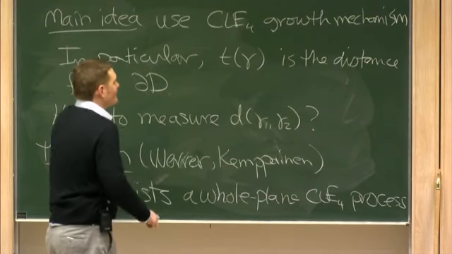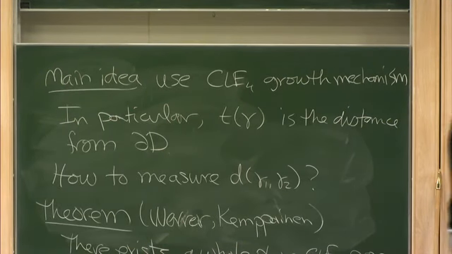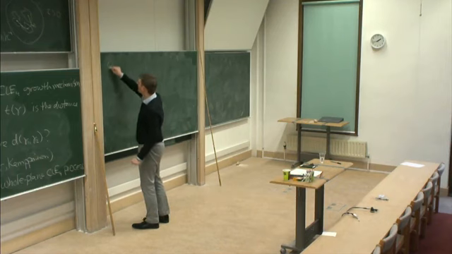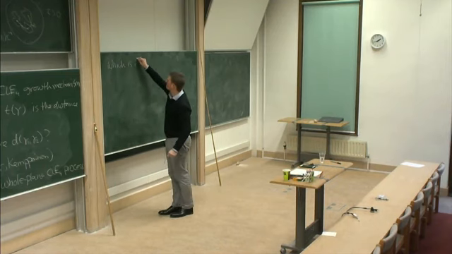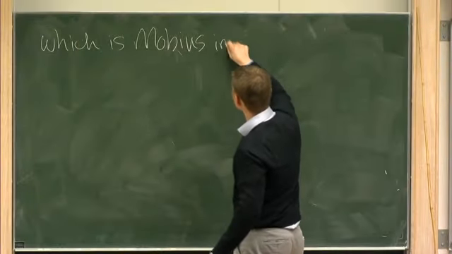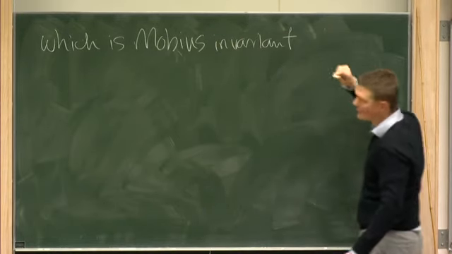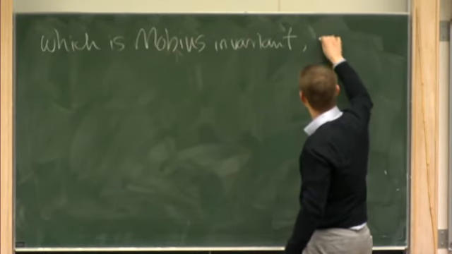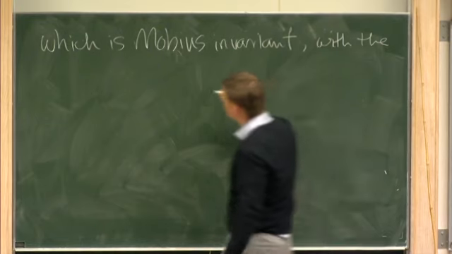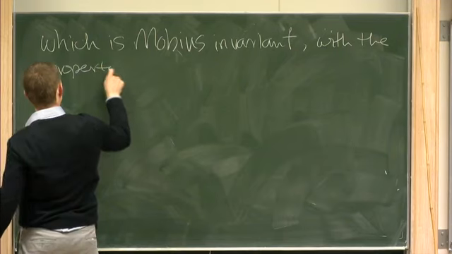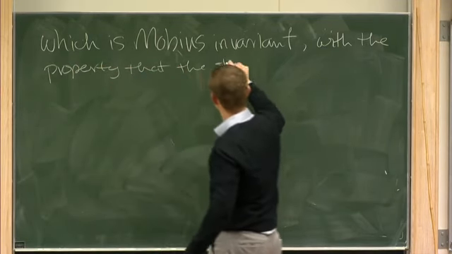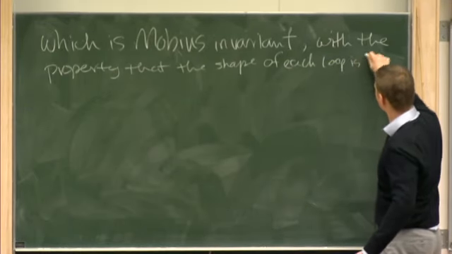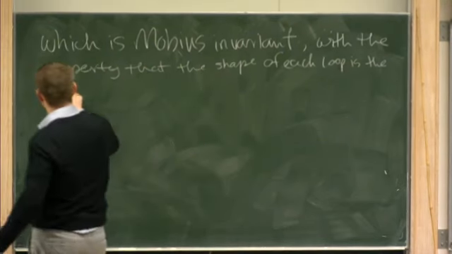All right, there exists a whole plane CLE4 process. It's invariant under conformal transformations of the sphere, with the property that the shape of each loop is the same.